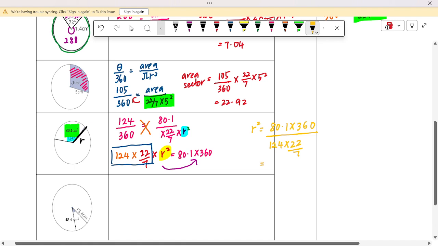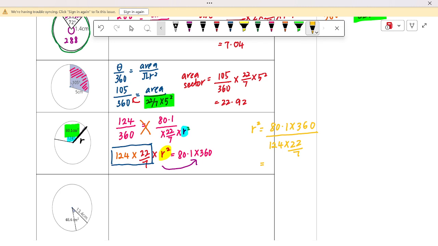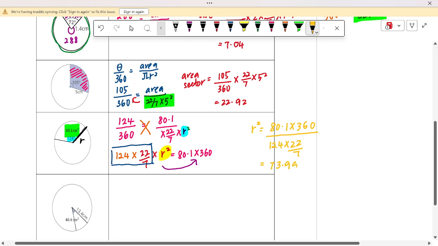So press your calculators. 80.1 times 360 divided by 124 times 22 over 7, which will give you the answer 73.99. And this is power 2. To find r, we will square root 73.99, which will give us the answer 8.6. So your radius is 8.6.